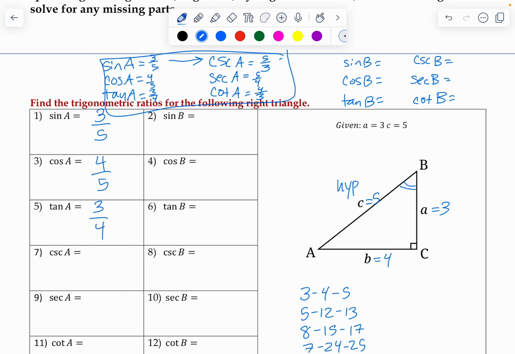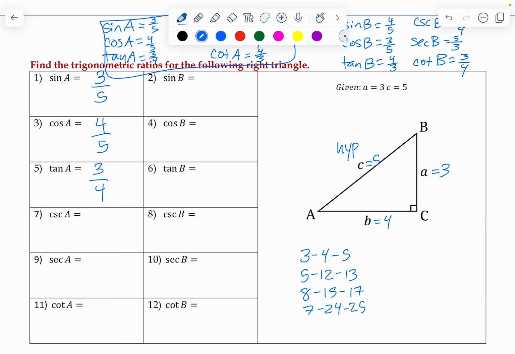Now we're looking at angle B, and the opposite is now 4, so sine of B is 4 over 5. Cosine of B, the adjacent, is 3, the hypotenuse is always 5. Tangent is 4 over 3. Therefore, let's take their reciprocals. This becomes 5 over 4, this becomes 5 over 3, and this becomes 3 over 4.